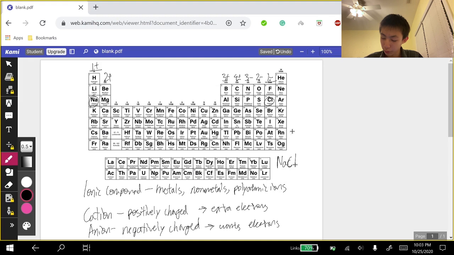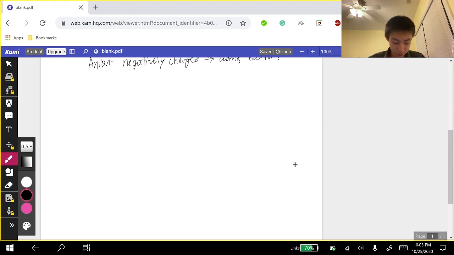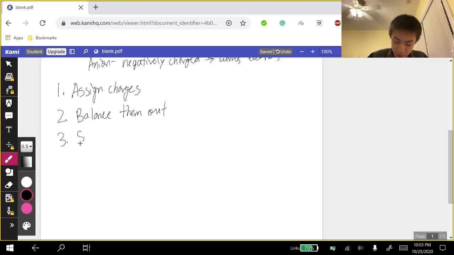Now let's write the rules for naming ionic compounds. One, assign the charges. Two, balance them out. Three, simplify if needed.